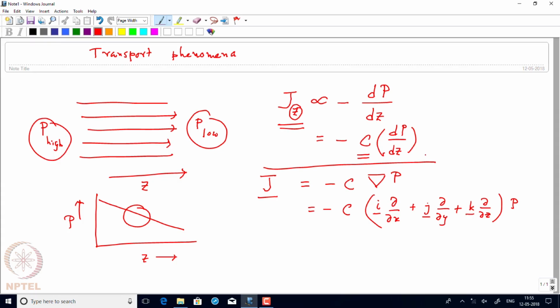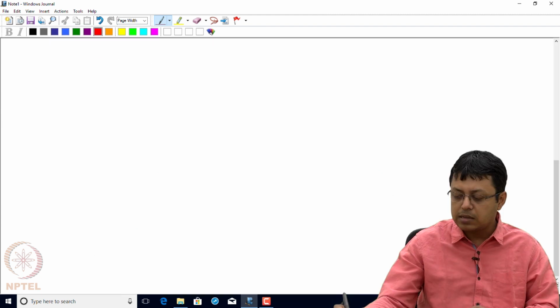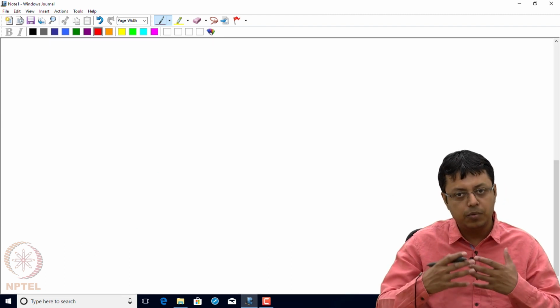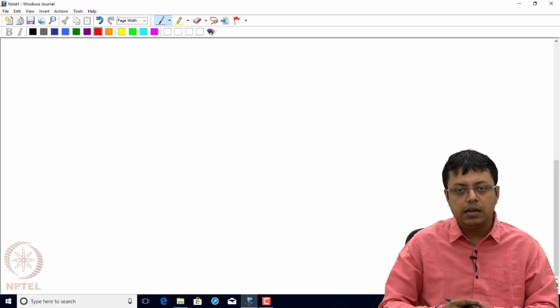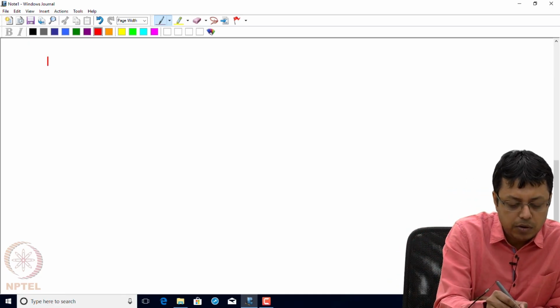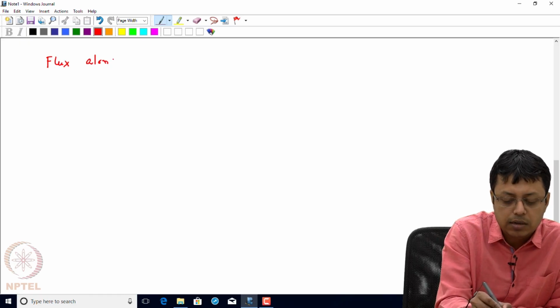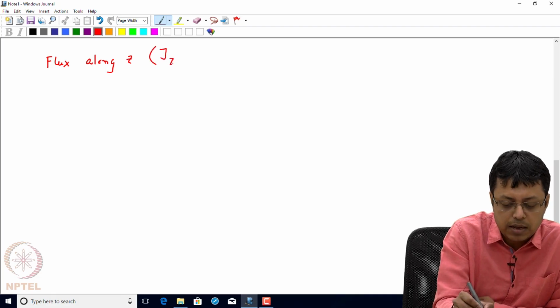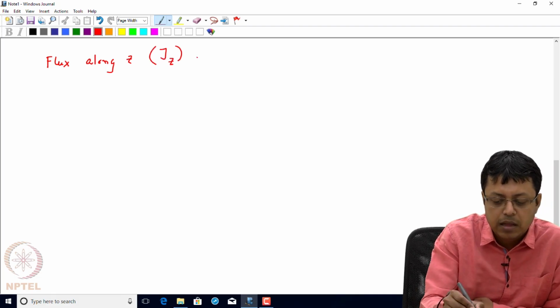Now, this equation is known as Poiseuille's equation, and the next thing we are going to understand is what this flux is. Whatever we have said so far, there is some quantity called flux, and in this case we are talking only about flux along the z direction, which we wrote as j suffix z.